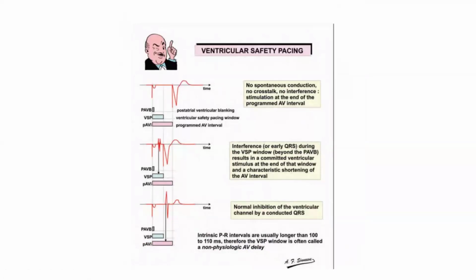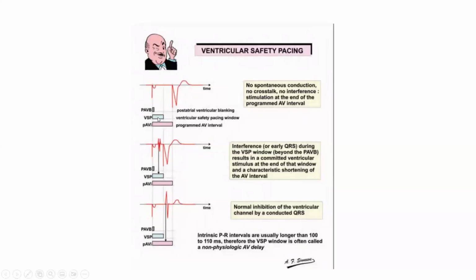So I accept that it may happen sometimes, and I put a sixth interval called ventricular safety pacing. What is meant by ventricular safety pacing? It also occurs only after atrial pacing. I give this very short period of ventricular blanking, where the ventricle is completely blind. Then I put a very short interval of about 110 milliseconds.